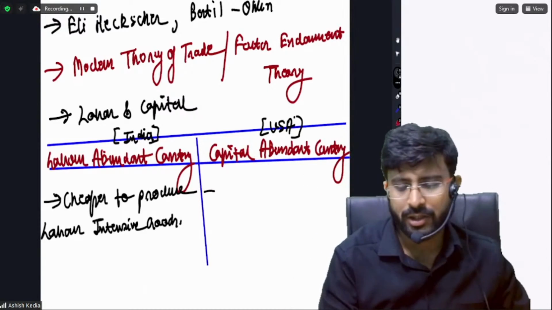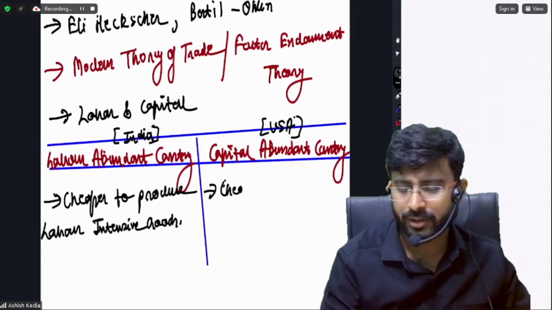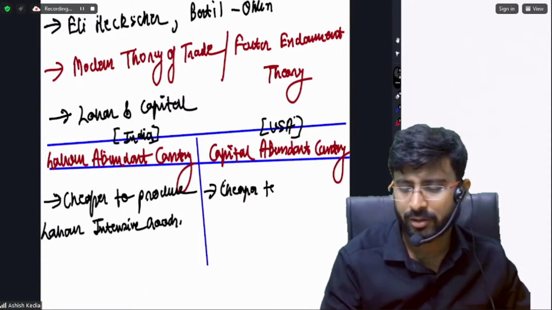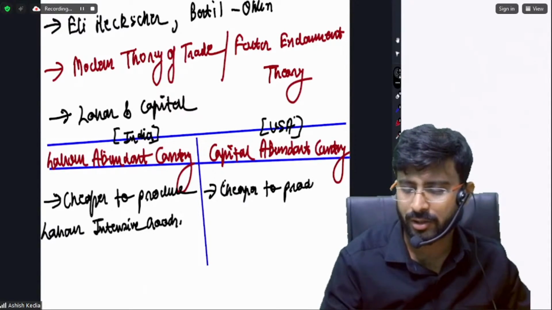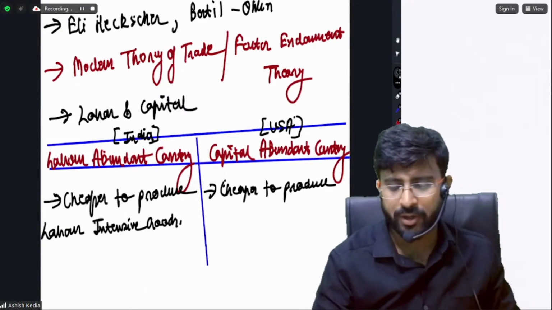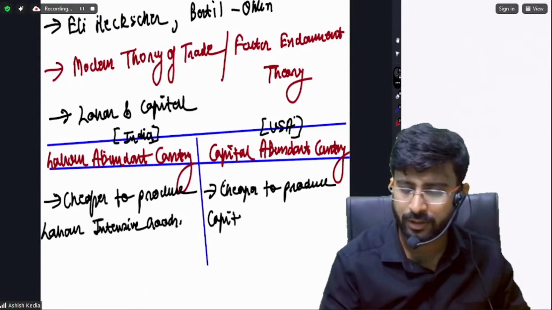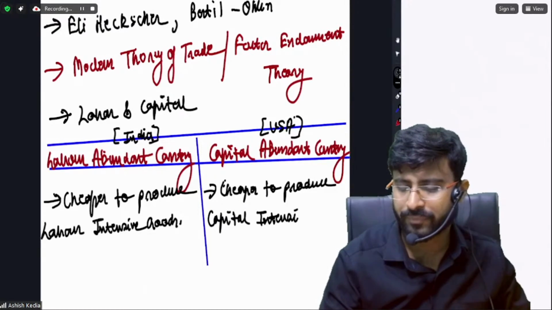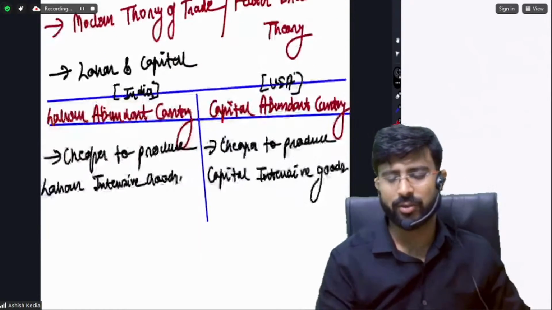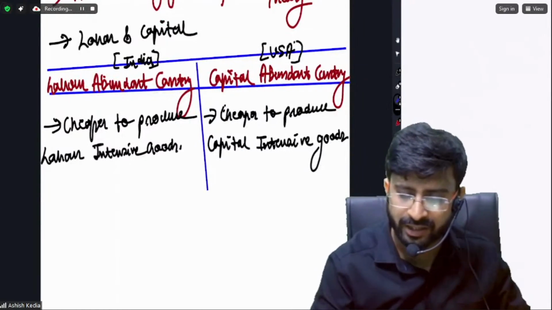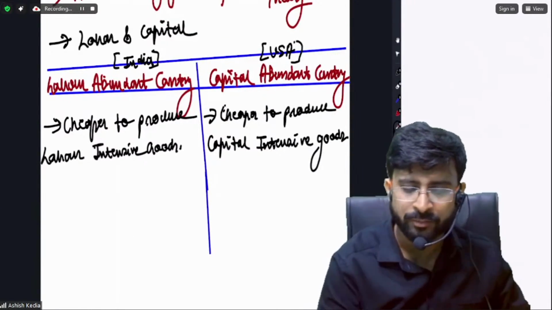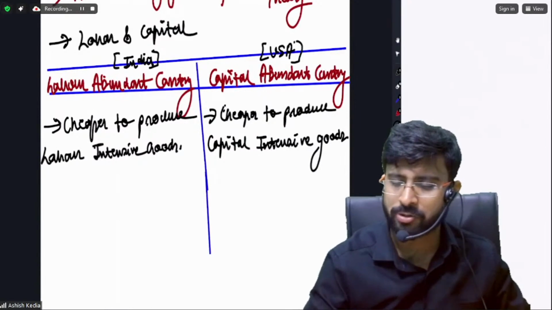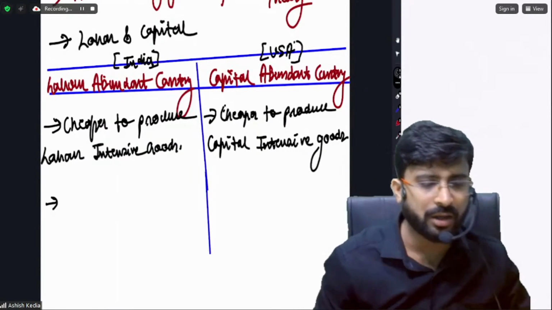Here, it is cheaper to produce capital intensive goods. In a labor abundant country, it is cheaper to produce labor intensive goods. In a capital abundant country, it is cheaper to produce capital intensive goods.